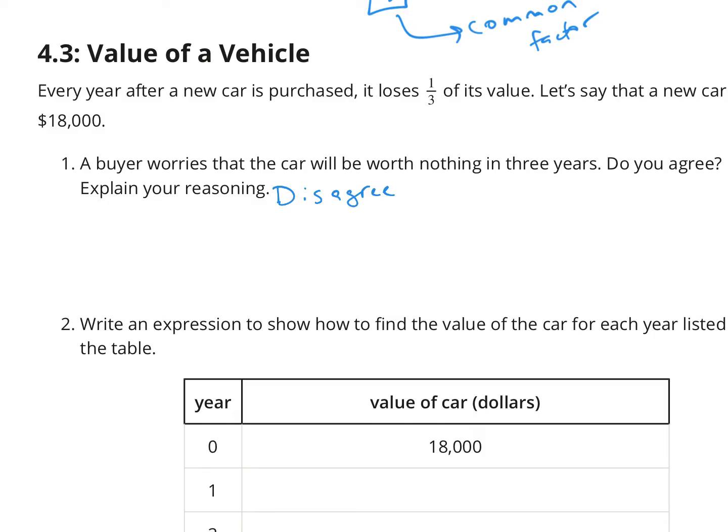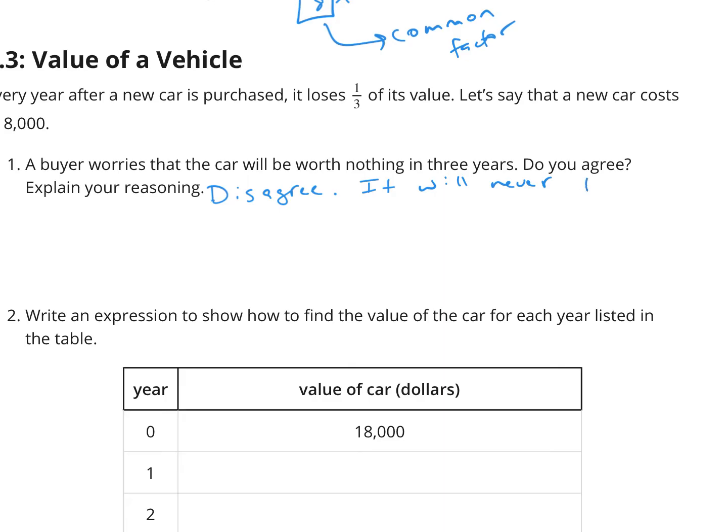You're going to always be multiplying by a fraction, and the only way that something can reach 0 through multiplication is if you're multiplying by 0. So it's never going to actually reach 0. It will never, and we'll say technically, reach 0.